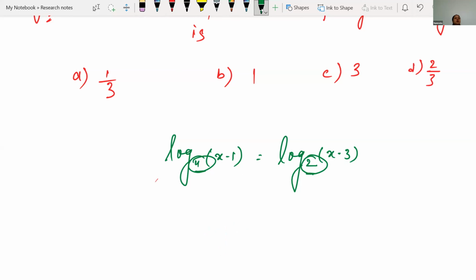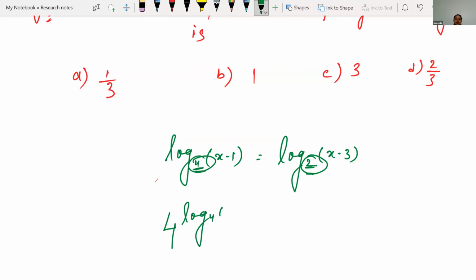Here the bases are not the same, so first thing first we need to focus on how to make the base the same. So here 4 is there, there 2 is there, so we can take 4 on both sides and take the power.